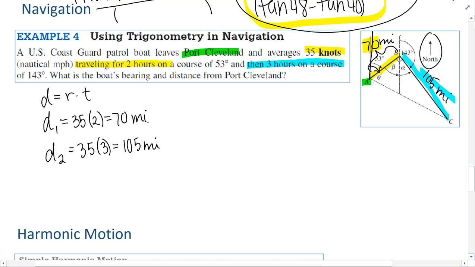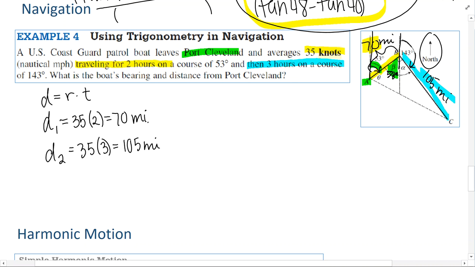Then we're going 143 degrees from north. There's a bit of geometry going on here. We've got alternate interior angles. So if this angle is beta, then beta is 53. So this is 53.